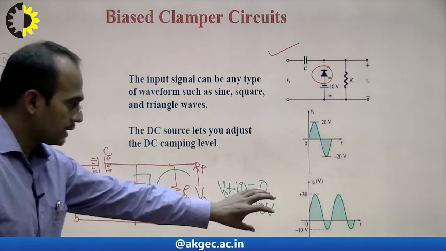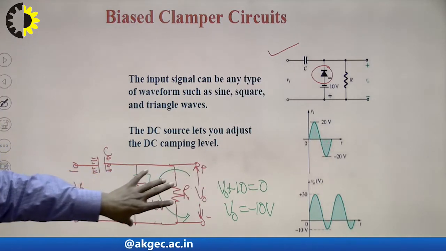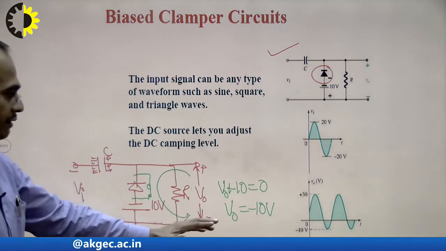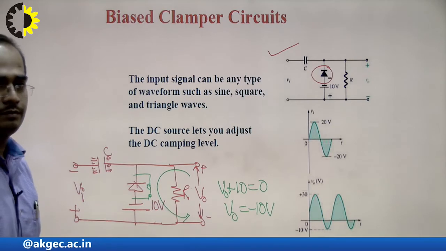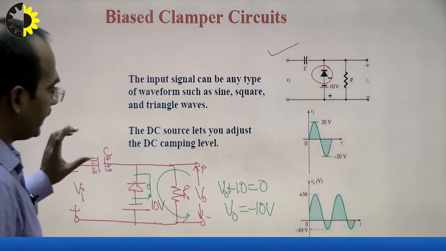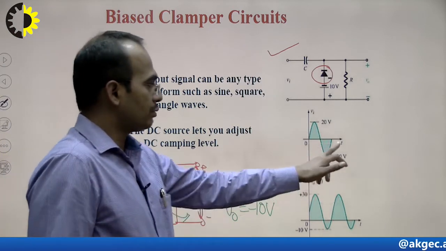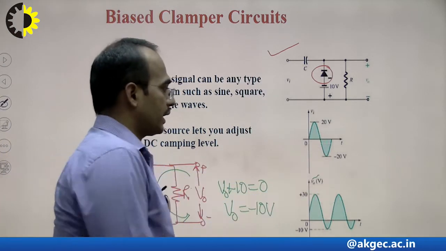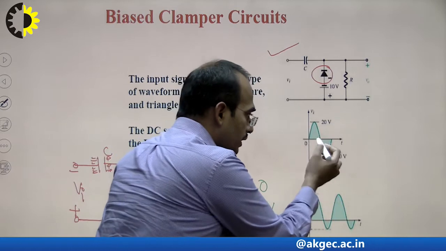This is the maximum voltage in the negative direction of the input waveform. So when I have applied this Vi, I am talking about this minus 20 volt, not for the complete half cycle, because this input is varying with respect to time.